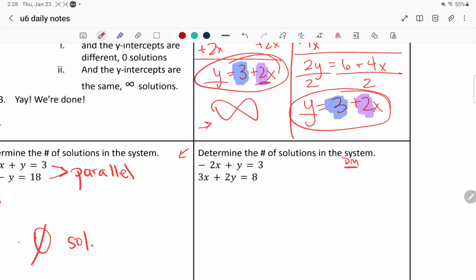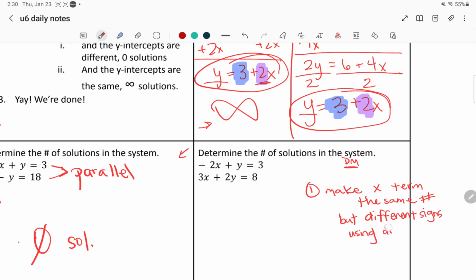What I'm going to do is make my x terms the same number but with different signs, using distributing.